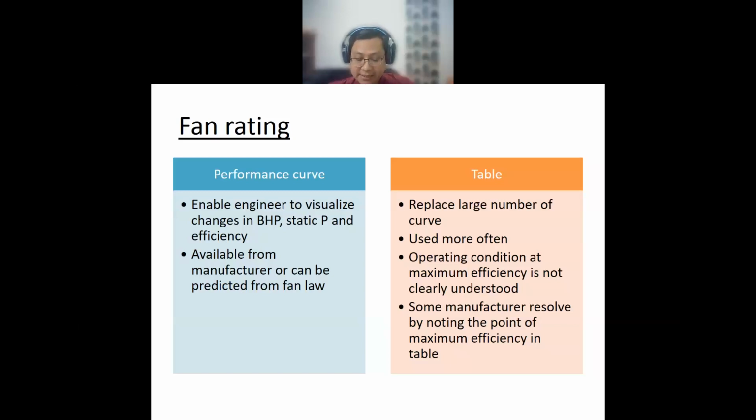But if we tabulate these numbers, we can run or operate the fan based on this numeric data through the table. That's how to maintain the performance.